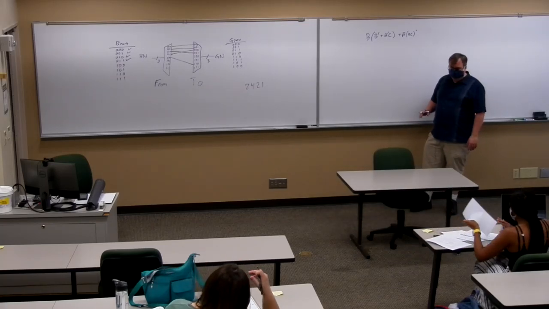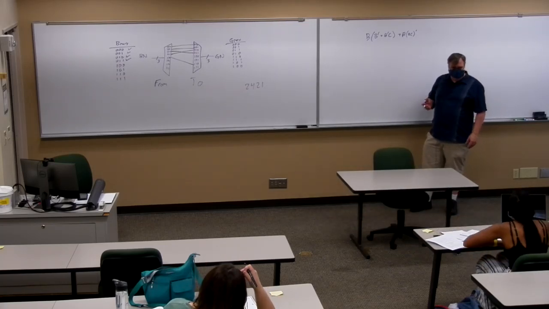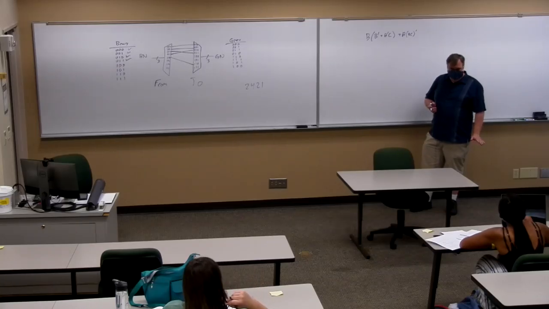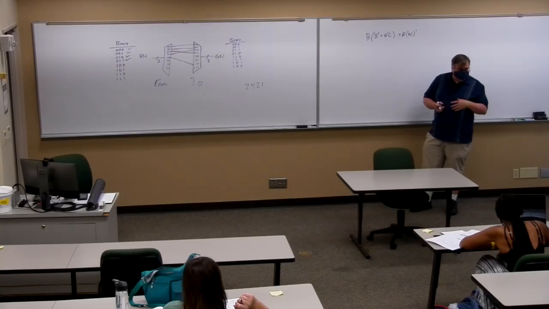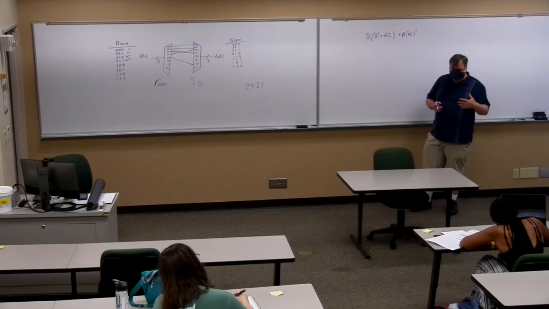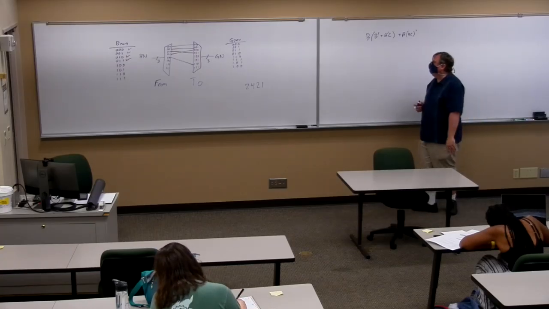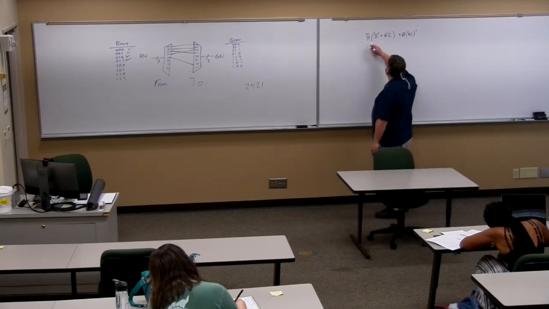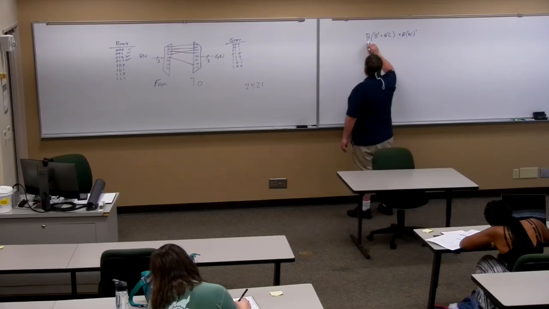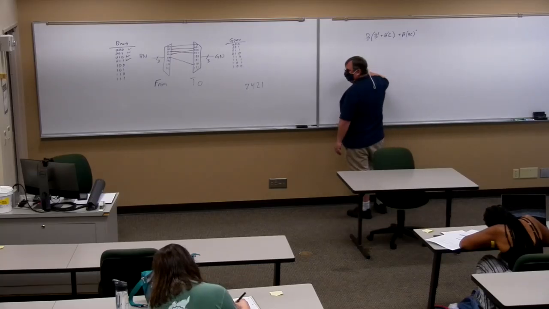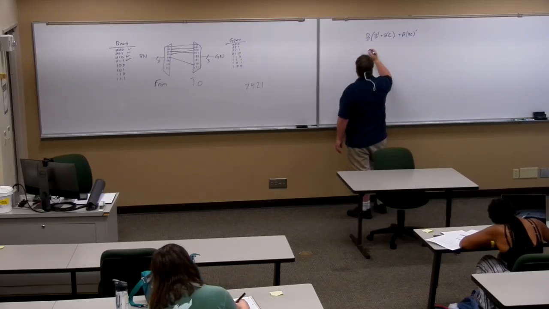Step number 1, find something really easy to put into a truth table. One of the easiest things you could do is always go to sum of products. If you reduce it down to a simple sum of products statement, it's pretty easy to write into a truth table. So that would be my first step. We walk through and distribute. B and B prime is 0, it goes away.